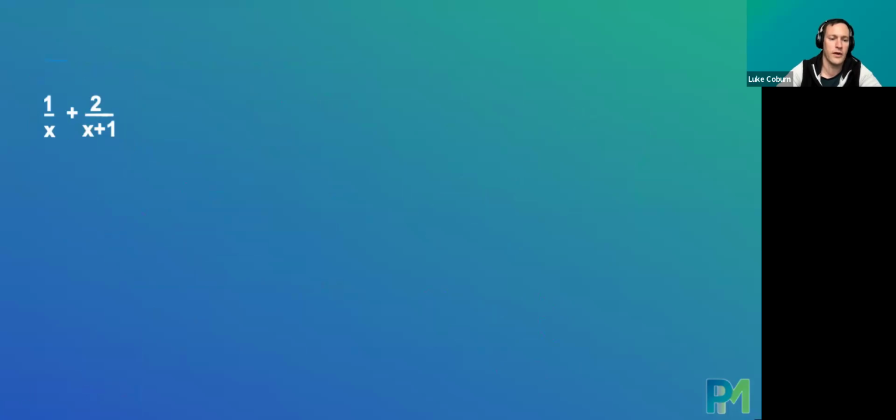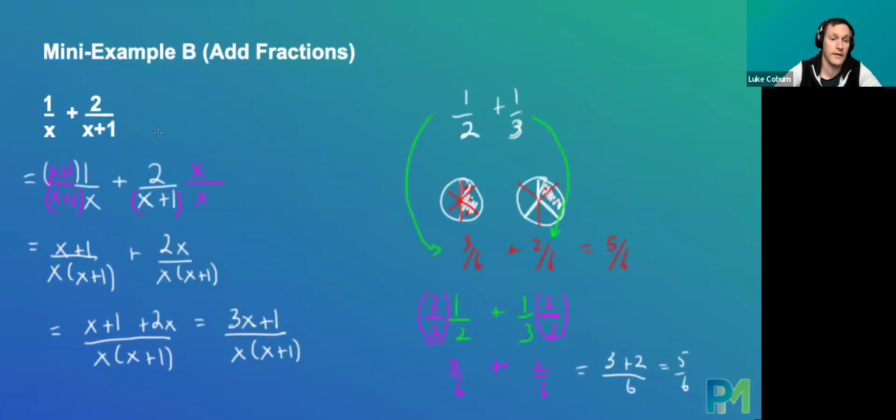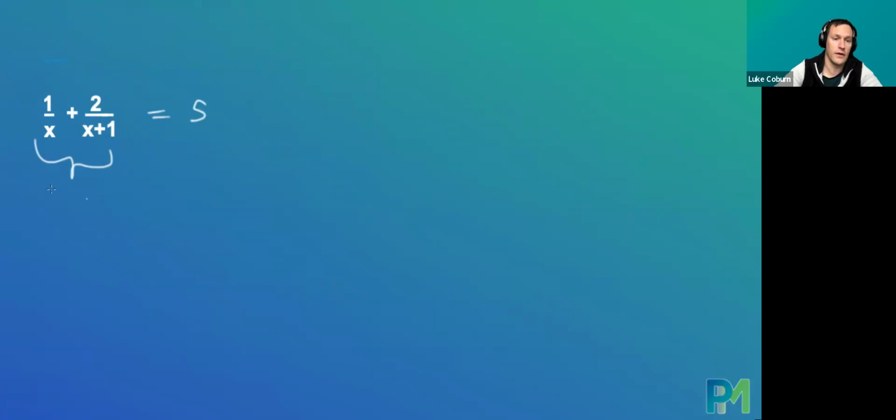So let's say we had this one here, and let's say it was equal to 5. Our first step would have to be to combine this into 3x plus 1 over x times x plus 1 equal to 5. What we would want to do is get one fraction.